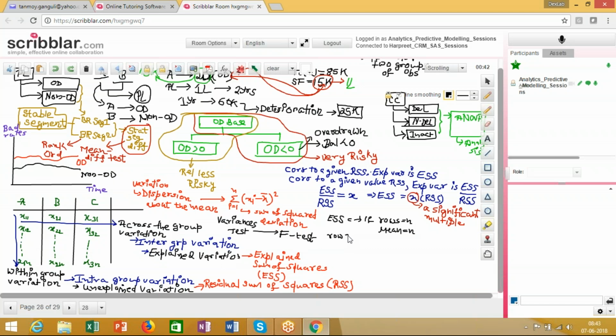So for the first row, how does it work? Your mean over here, let's call this mean x bar dot 1. So this is x11, this is x21, x31.